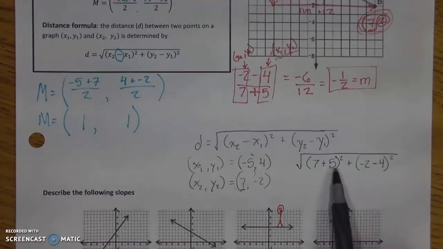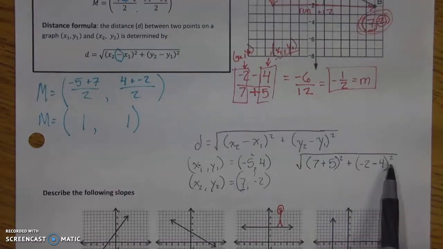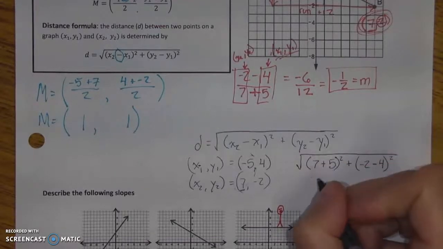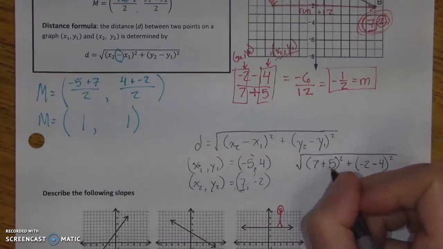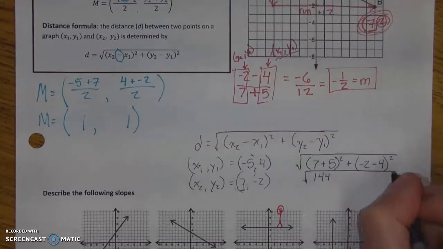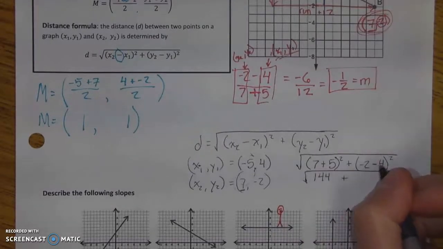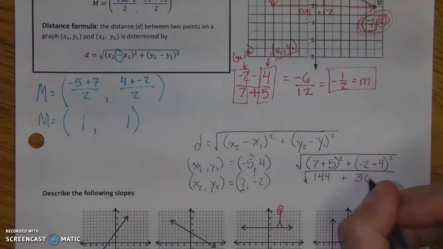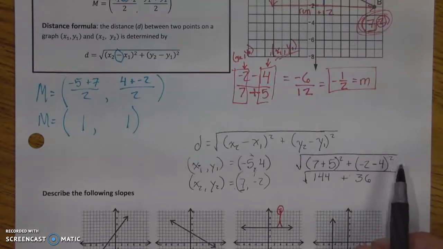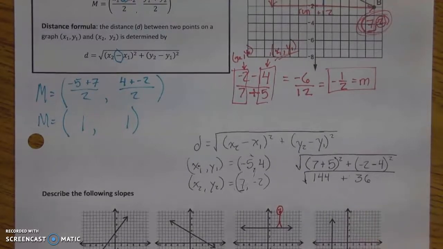You have to simplify inside the parentheses before you can take the square. So this is going to be 7 plus 5, or 12 squared, and 12 squared is 144. Negative 2 minus 4 is a negative 6, and negative 6 squared is a positive 36. Watch that you don't end up with a negative after you've squared it. If so, you haven't typed it into your calculator right. You always need parentheses around a negative, or your calculator will not read it correctly.